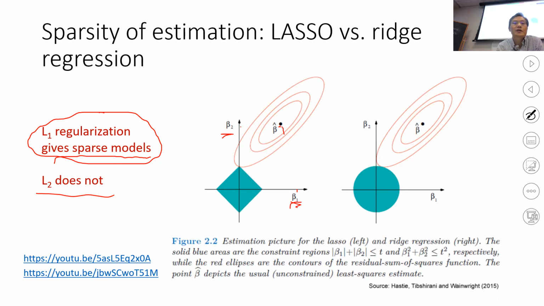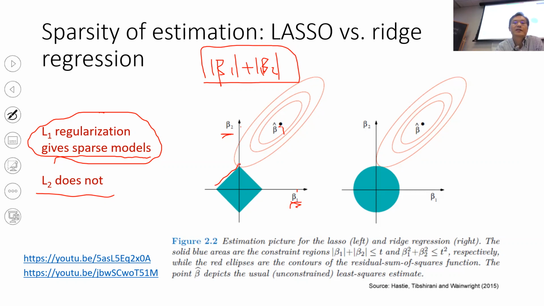Well, if you use the L1 norm, you want beta 1 plus beta 2 relatively small. And then if you do that in this unit square, the one that satisfies this relationship is in this tip point here.